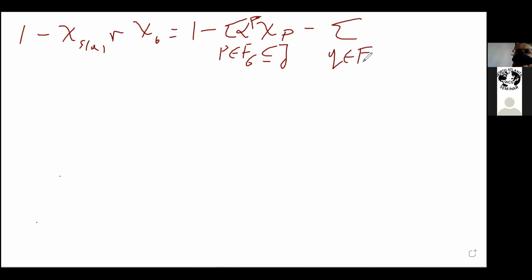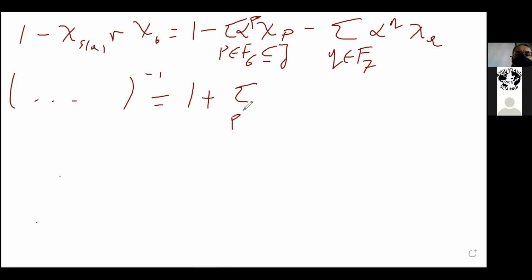I take Q's running over F7 for the rest, alpha Q chi Q. And I have this stuff inverse, which I write as 1 plus the sum over P prime running over F8, and this is my part in J, and plus the sum over Q prime in F9, and that's my part beyond J and beyond vertices, okay?